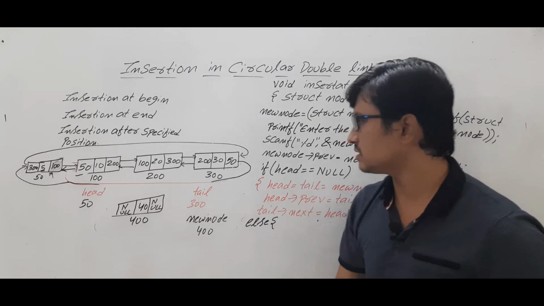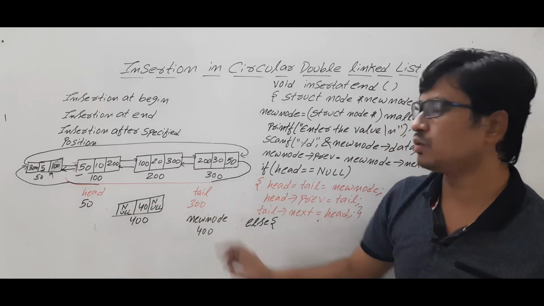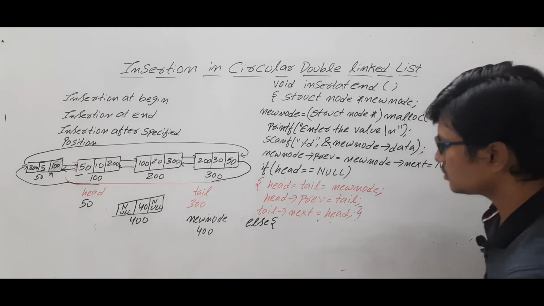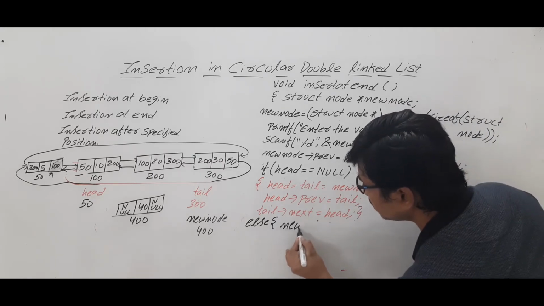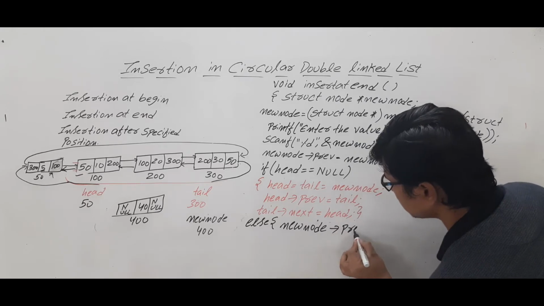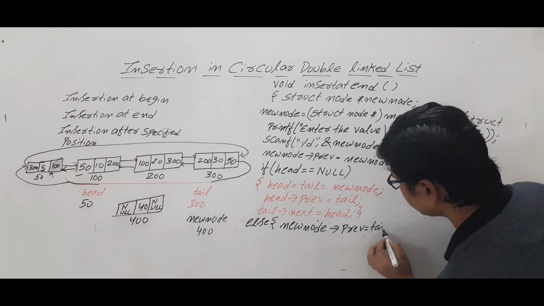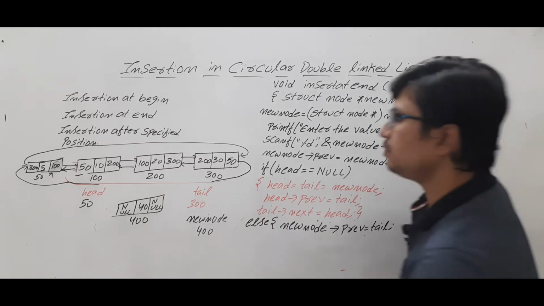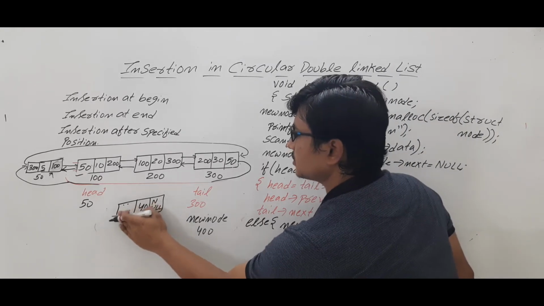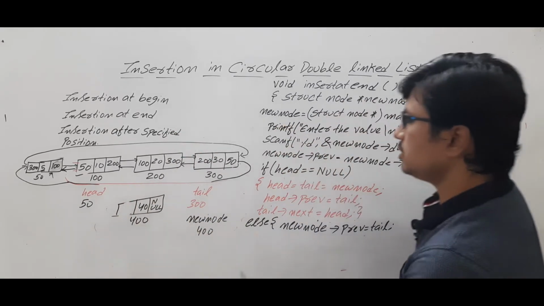So first one is that what I can do, new node of previous is equal to tail I can write. So new node of previous is equal to tail. What will happen? You check it. Okay, new node 400 of previous means this part is equal to tail.